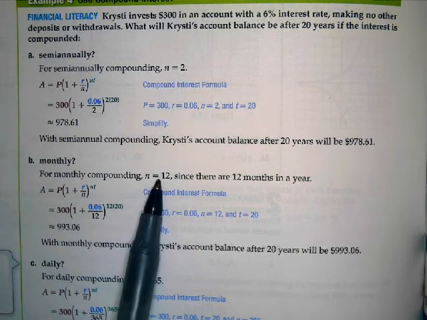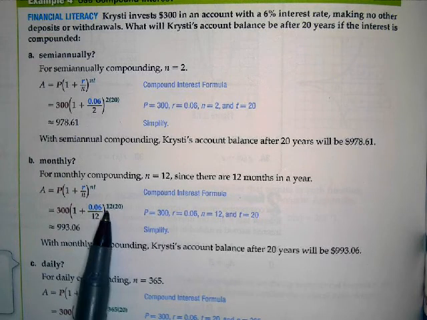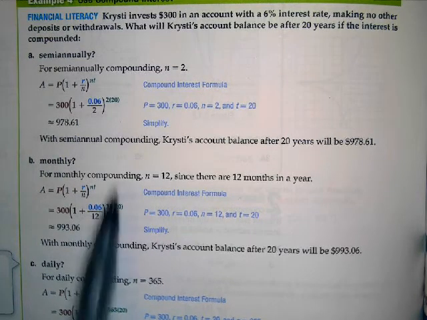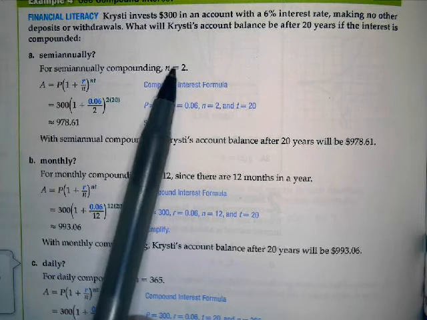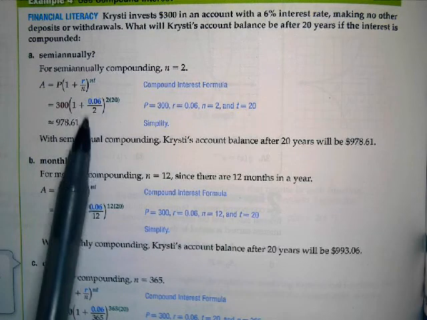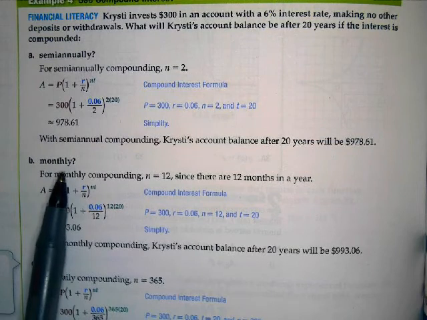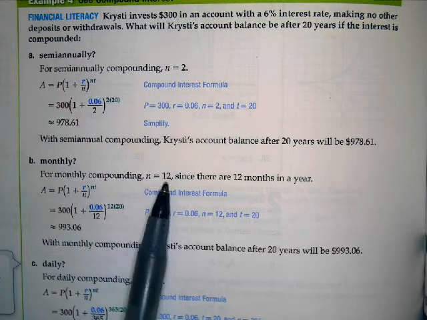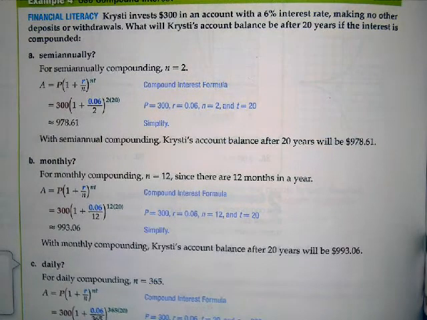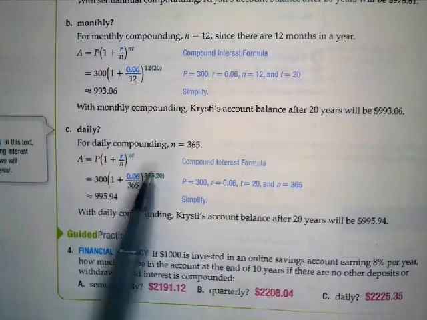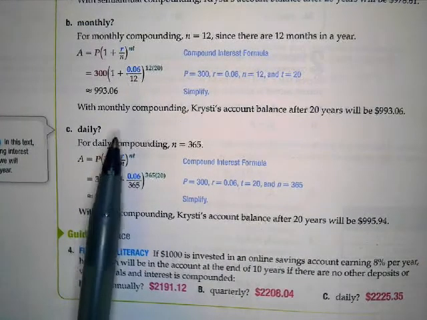Not going to be 2. Monthly, how many times a year is monthly? 12. Now your value of n is 12. And you'll see that here in the calculations. So that's part A, where n is equal to 2. They did the calculation. For part B, if they compounded it monthly, then the value of n is 12.